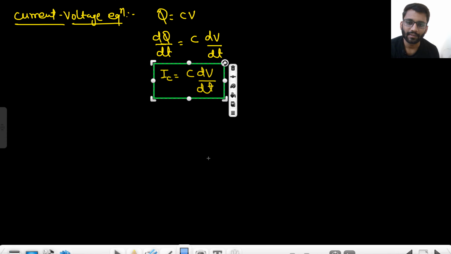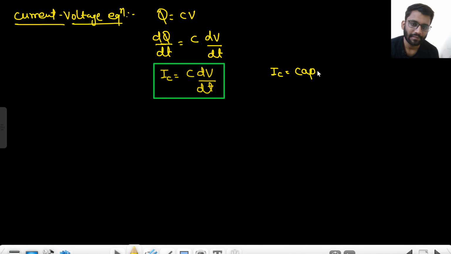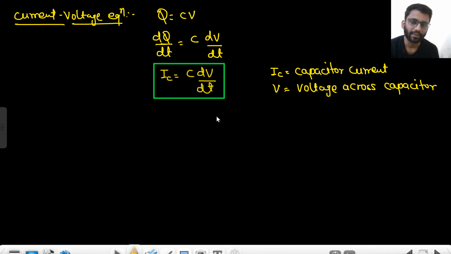So IC is the capacitor current. And V is the voltage across the capacitor. So I equals C dV by dt, or C dVc by dt, they also write sometimes.